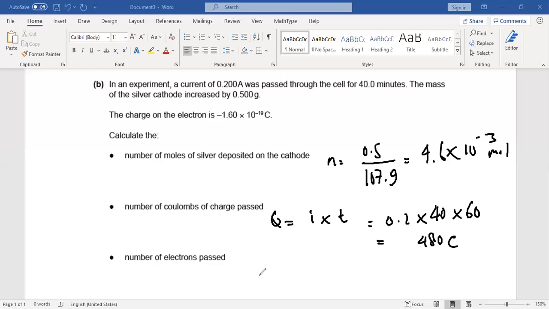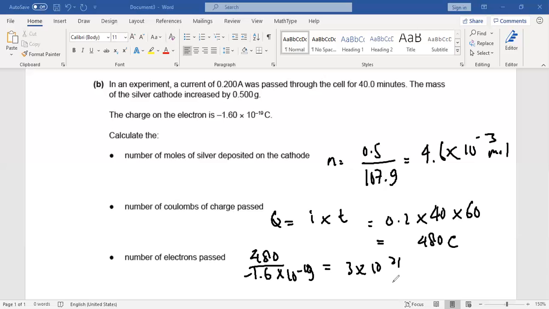Now how many electrons pass? Each time we have this configuration, we have the charge divided by the charge of an electron, 1.6 × 10^-19. Then I will have 3 × 10^21.